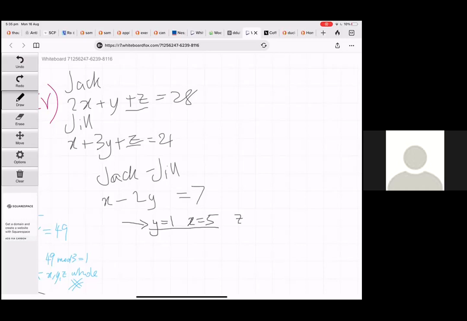Z would be, we've got 2 times 10 plus y. Wait, sorry, 2 times 5 is what I meant. So 10 plus y plus z is equal to 28, just from using Jack's money bag, which means that z is equal to 17.